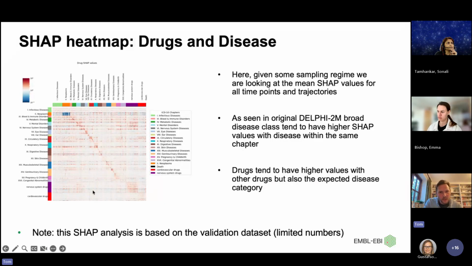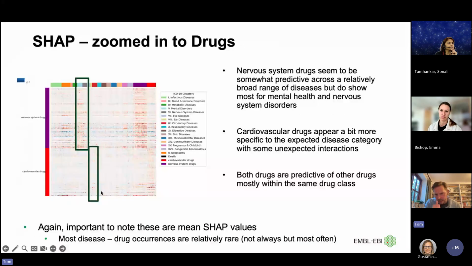But if you look carefully at the structure underneath this, for central nervous system drugs, the prescription of a drug impacts the diagnosis of mental health conditions and central nervous system disease, and for cardiac drugs, cardiac disease, which again you would expect.